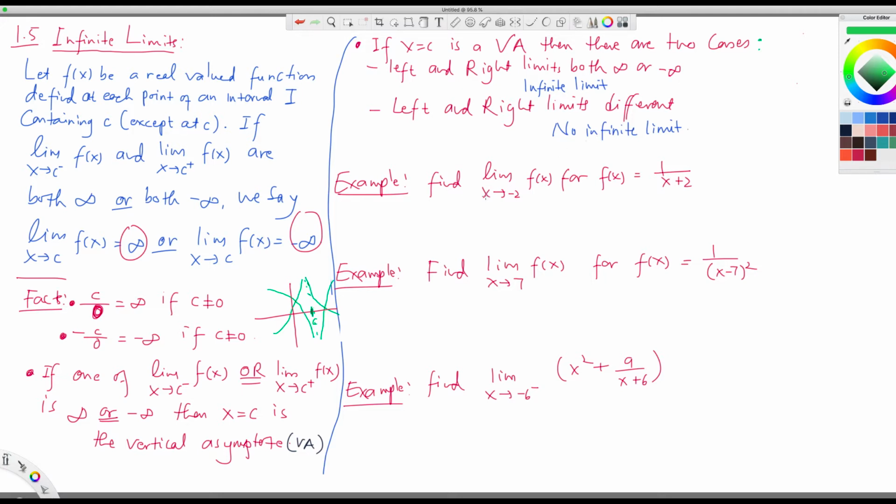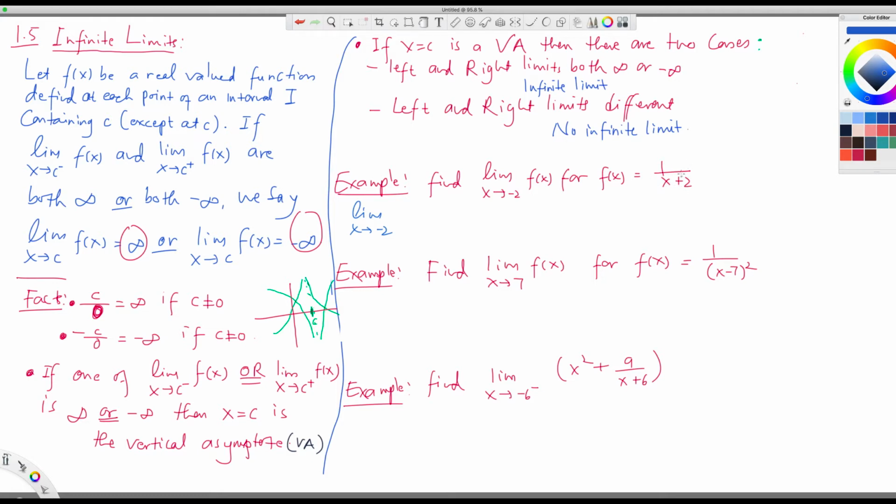Let us see this one: the limit as x tends to negative 2 of f(x), for f(x) equals 1 over x plus 2. So let's do this problem. To find the limit, let's first plug in directly. If you plug in directly, you get 1 over negative 2 plus 2, which is 1 over 0.